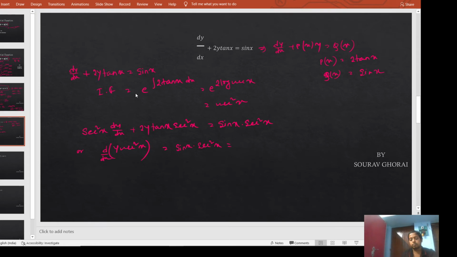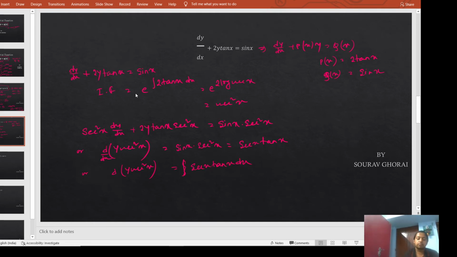That means from here we will get sec x tan x, so now we get d of y sec² x is equal to sec x tan x dx.